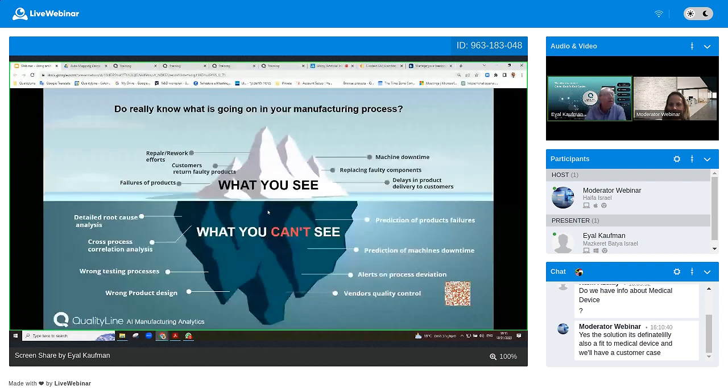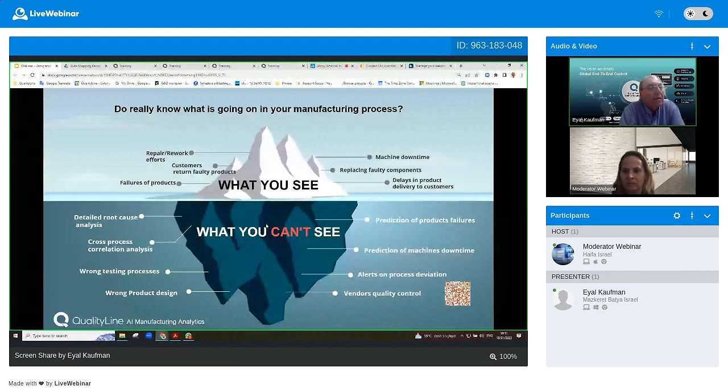Let's take this example here of what we see above the sea level, so to say, and what is really important to see. Usually we cannot see below the sea level. Okay, we usually see repair, rework efforts, customer return faulty units, failures of products, machine downtime, faulty components, delay in delivery. These things are usually easy to see.